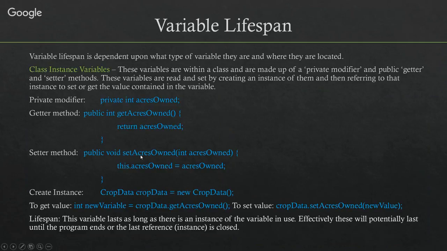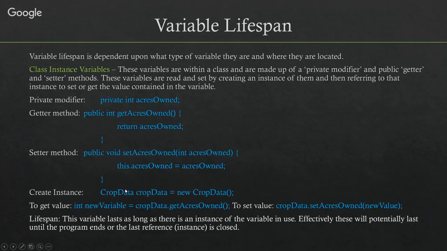The name of this method is set acres owned, and we're reading in what the calling method is giving us, and we're assigning that to acres owned. So we're saying that this instance acres owned equals what the other method has given us.